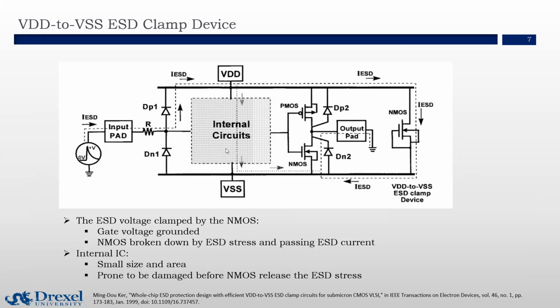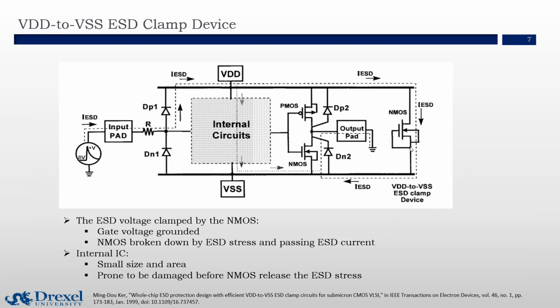And the small IC has a small size and is actually placed on the left side of this clamp device. So in this case, if we assume we have an ESD current passing through the input pad on the left side, all the way to the DP1 to the VDD, the stress may not be sufficiently relieved, and a large current can still be applied to the internal circuits because the current needs to travel a long way to the power rail to the NMOS device on the right side.